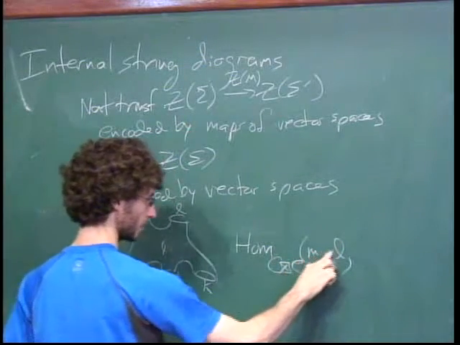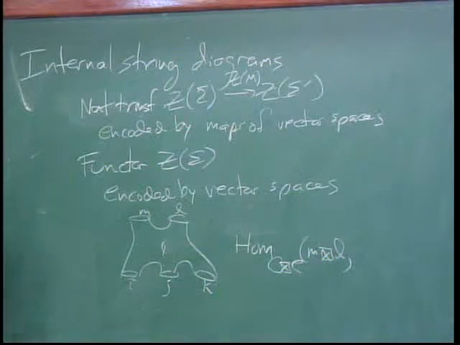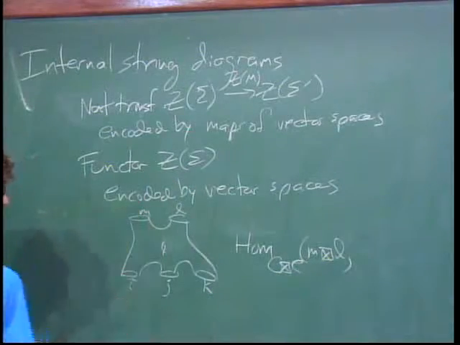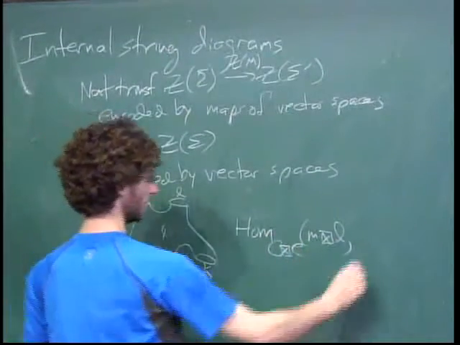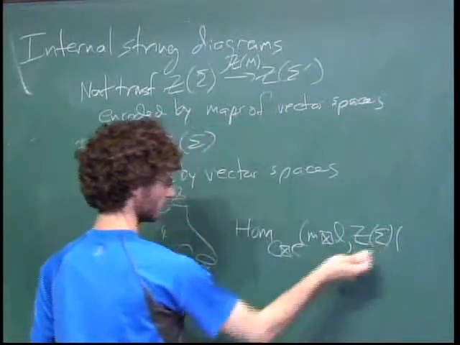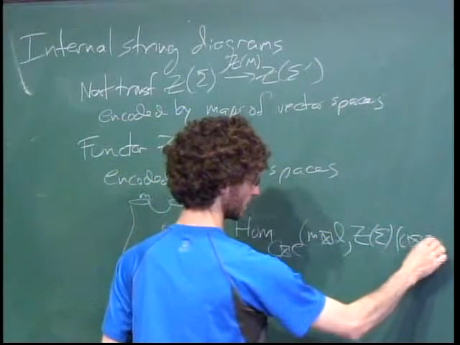I'm going to use this square box to denote the external tensor product when I really have two separate copies of the circle. So Hom in C tensor C from M external tensor L to the image under this functor of I tensor J tensor K.